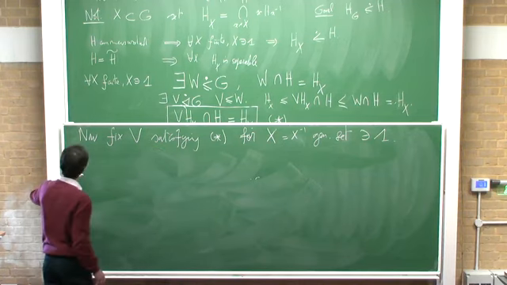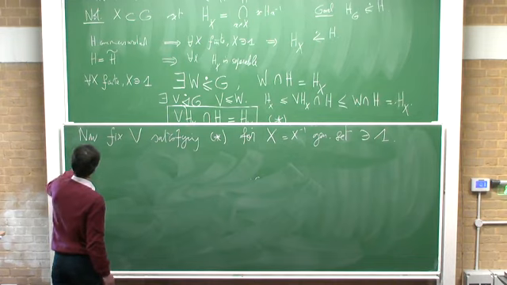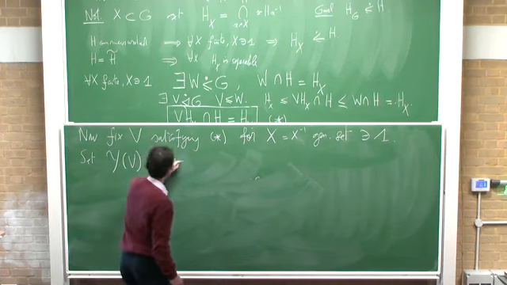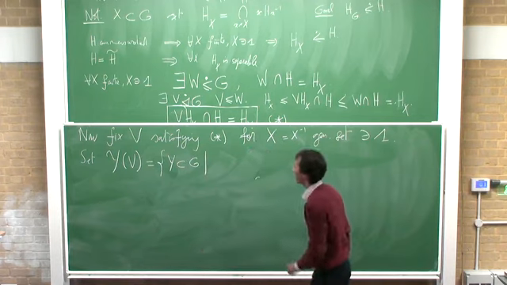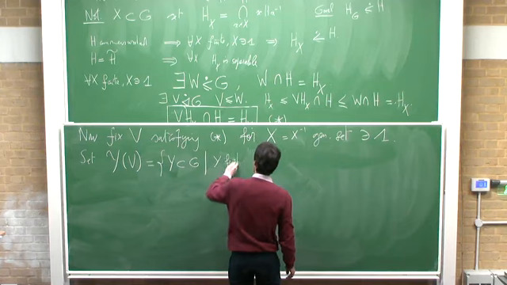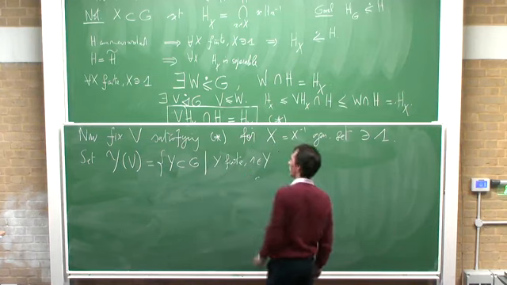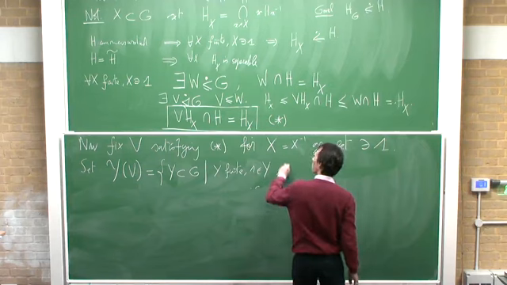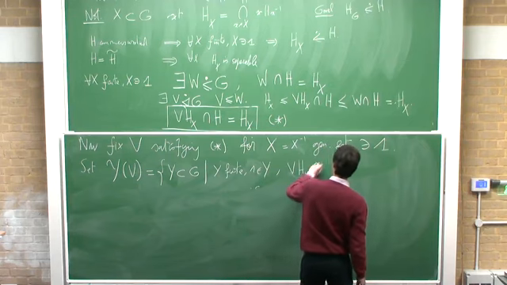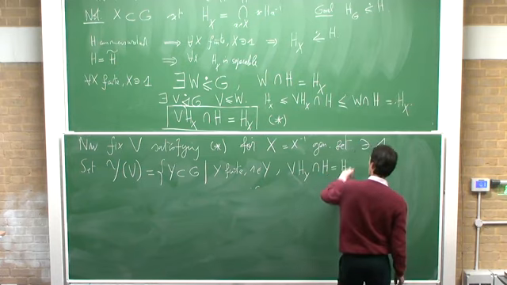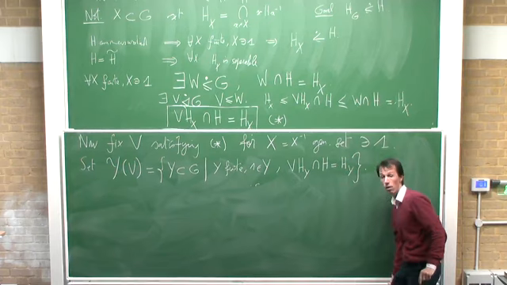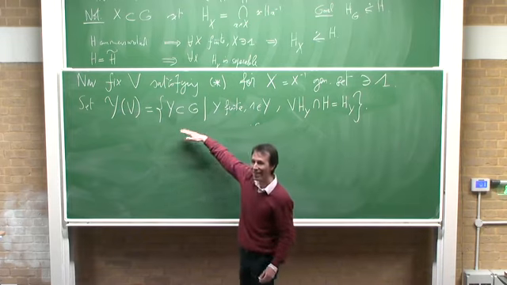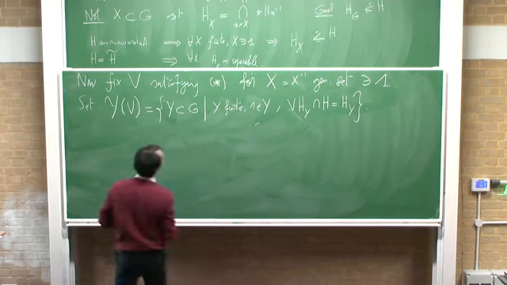So we fix that, and now let's study the collection Y_V of all finite sets Y containing the identity, which satisfy the same equation for V. Now the point is that the set of such Y's has good properties.